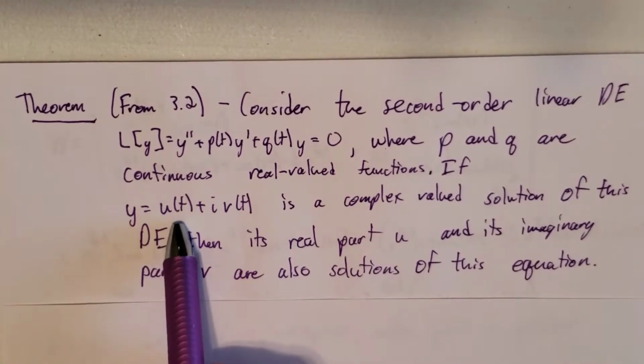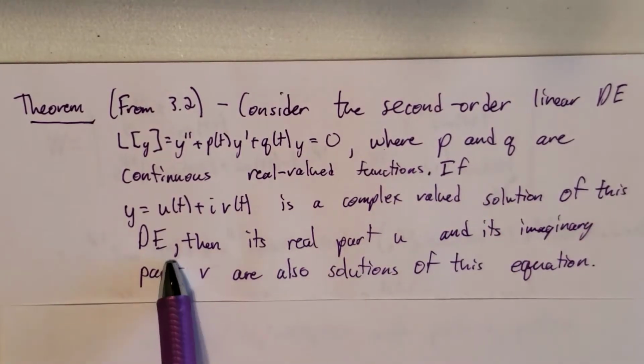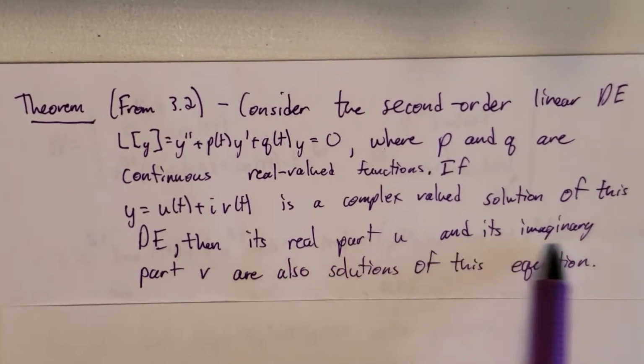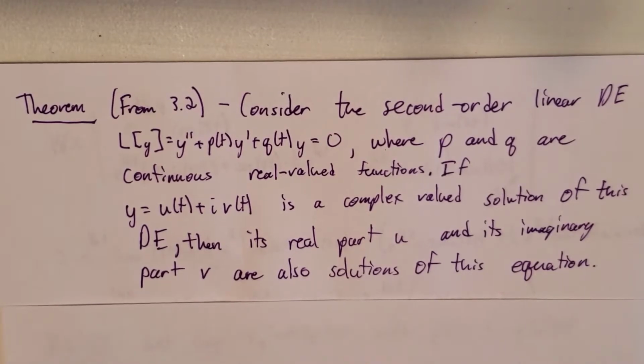If y equal to u(t) plus i v(t) is a complex-valued solution of this differential equation, then its real part u and its imaginary part v are also solutions of this equation. So if we have a solution, then its real part and its imaginary part are each solutions. That's going to end up being how we find our fundamental set of solutions, but we will see that in this example.